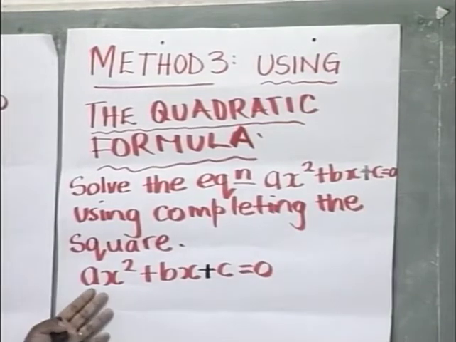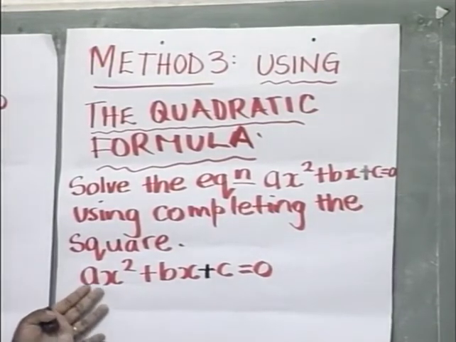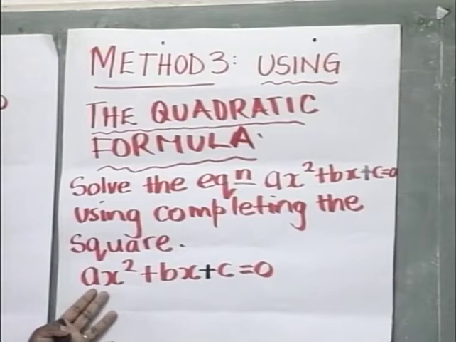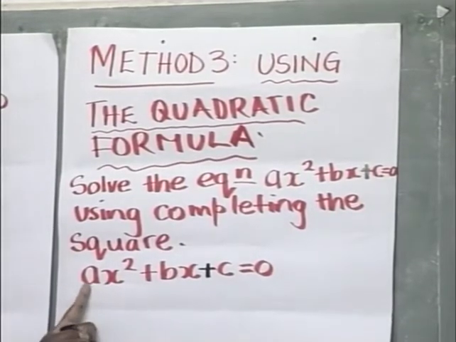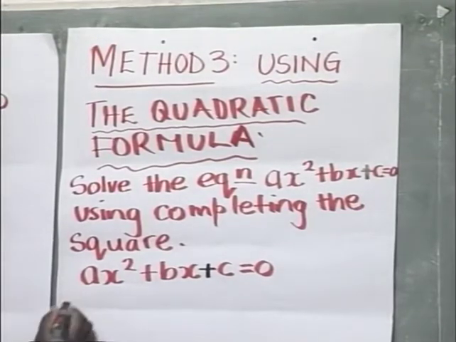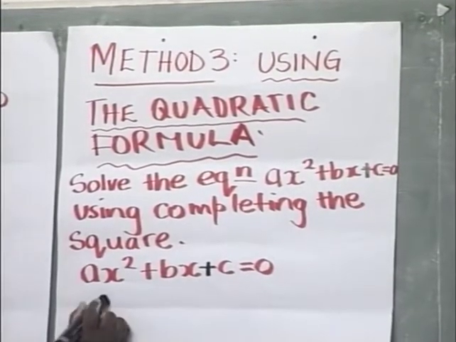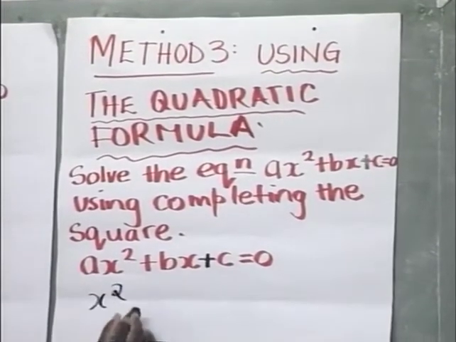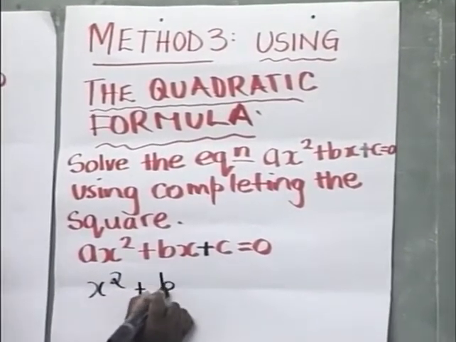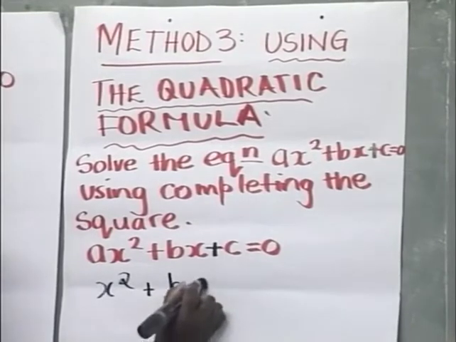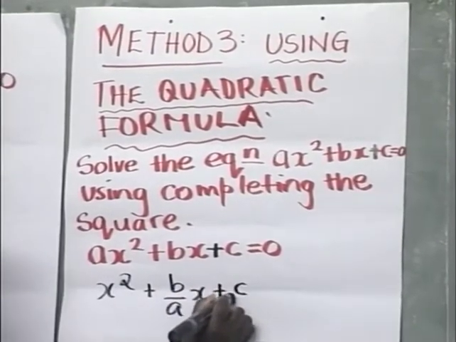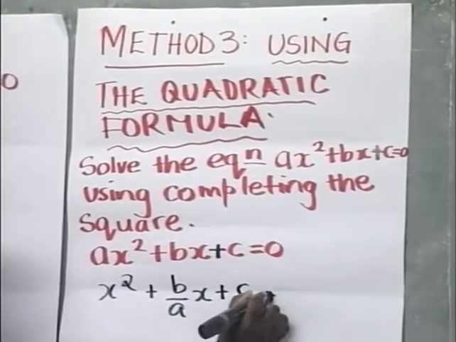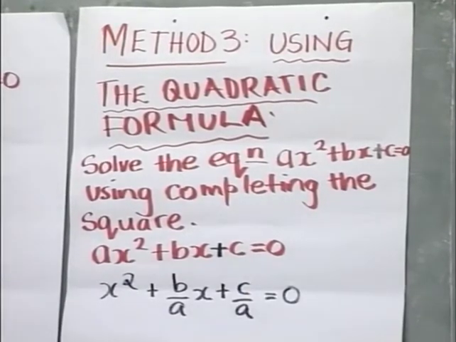Okay, to do that, we will use completing the square, because that's what we are asked to do. The first thing we have to do is to divide by a, which is the coefficient of x squared. So if I divide by a, I will get this. X squared plus b over a x plus c over a equals 0.